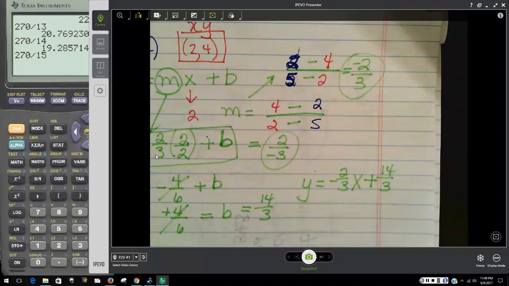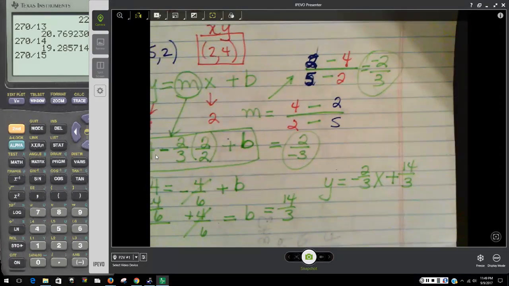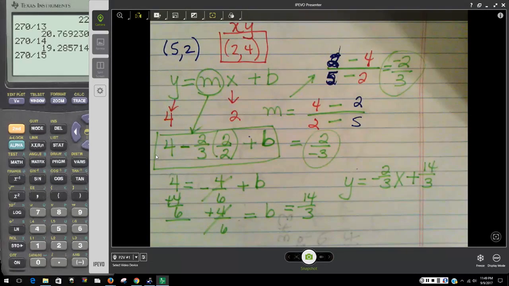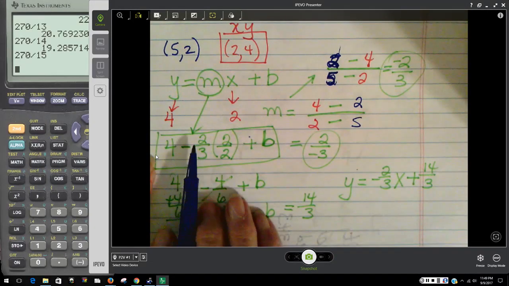So let's see. I had the slope right. That was negative 2/3. And I was using the point 2, 4.